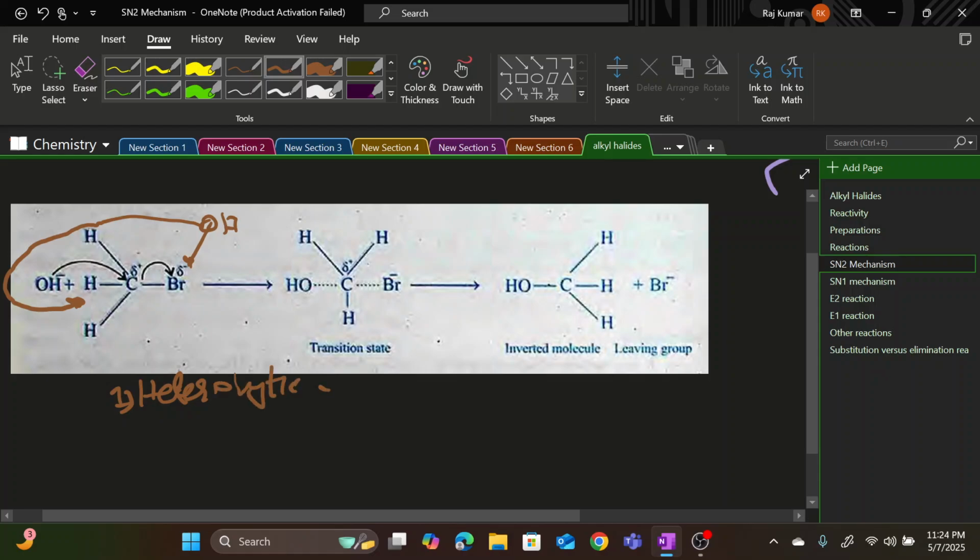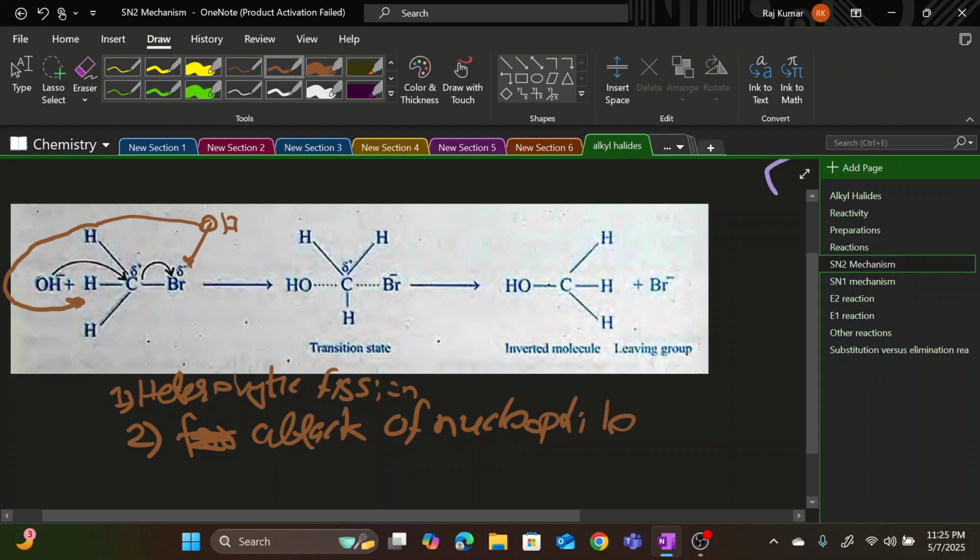First, heterolytic fission happens, and then there is attack of the nucleophile, and then there is formation of the transition state, also known as the activated complex.